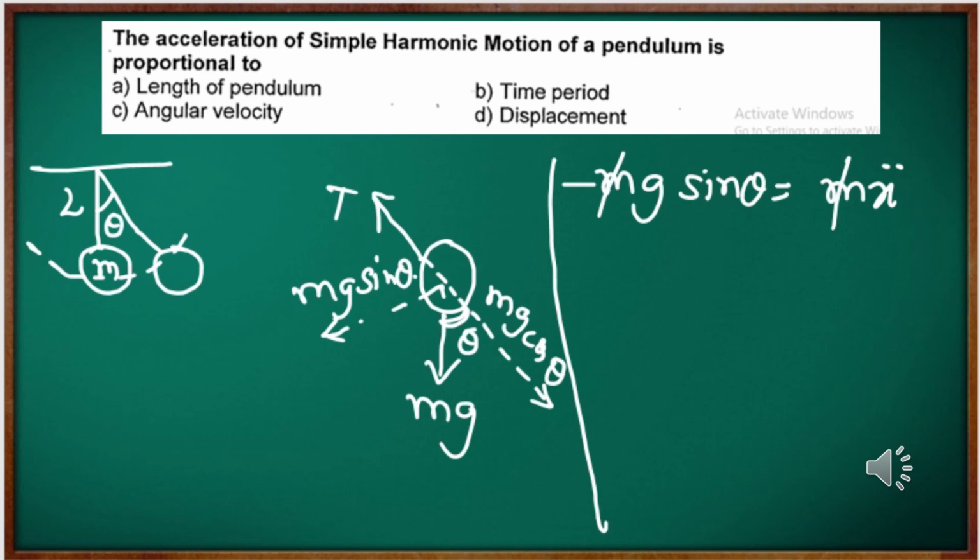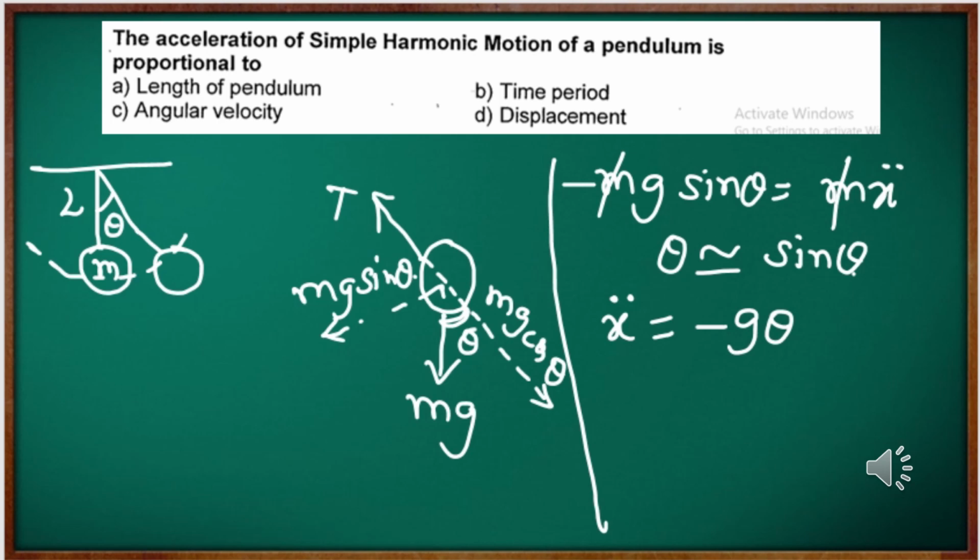Assuming small displacements, that is if the angle theta is very small, then sin theta is approximately equal to theta. Substituting the same in the above equation yields acceleration is equal to minus g theta.